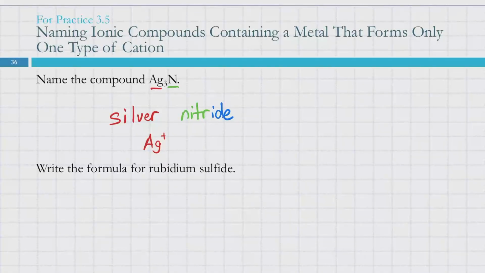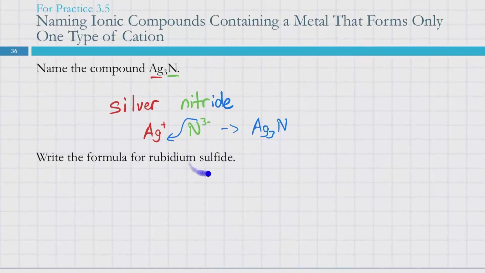Nitride, that's referring to nitrogen. Nitrogen, we would also memorize, is a 3 minus. If we crisscross it, Ag3N. So it works forward, it works backwards. We don't need to specify the 3 because we know what the charges of both of the parts are.